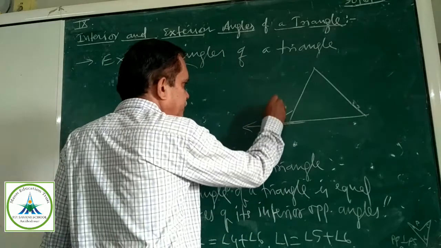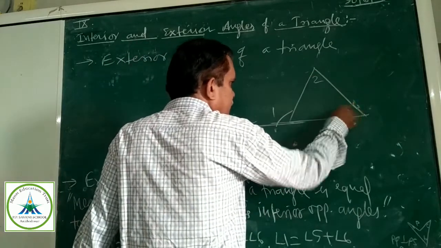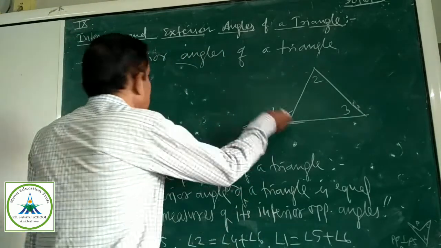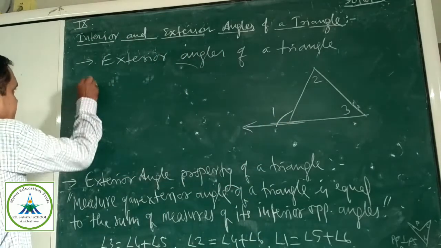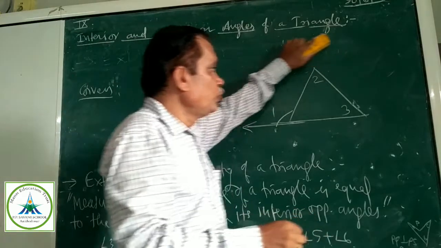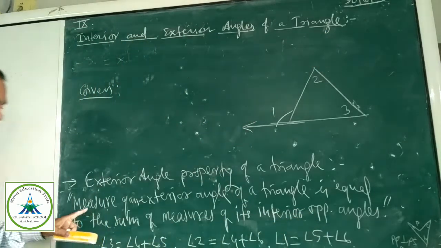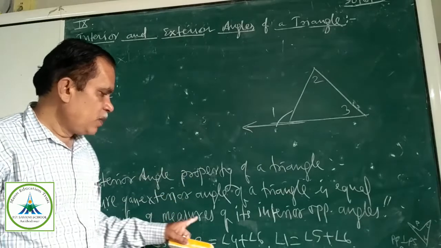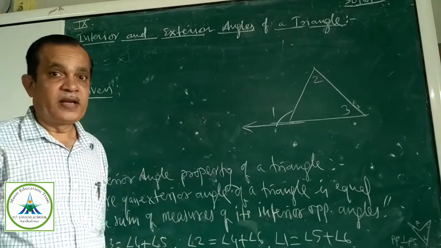I am naming it. Okay. Got it? Now see. So I can ask you: prove that the measure of the exterior angle of a triangle is equal to the sum of the measures of its interior opposite angles.